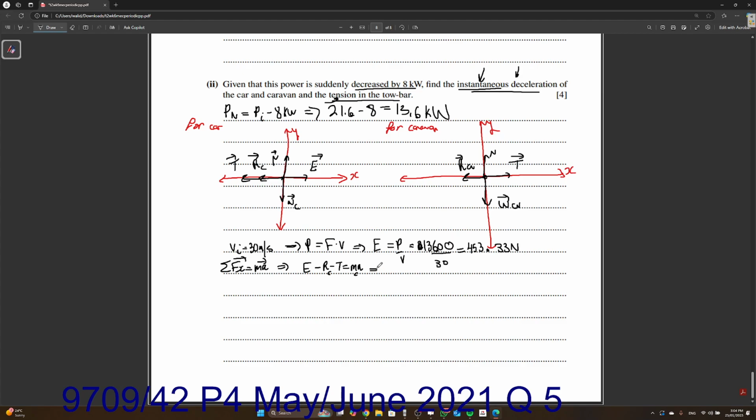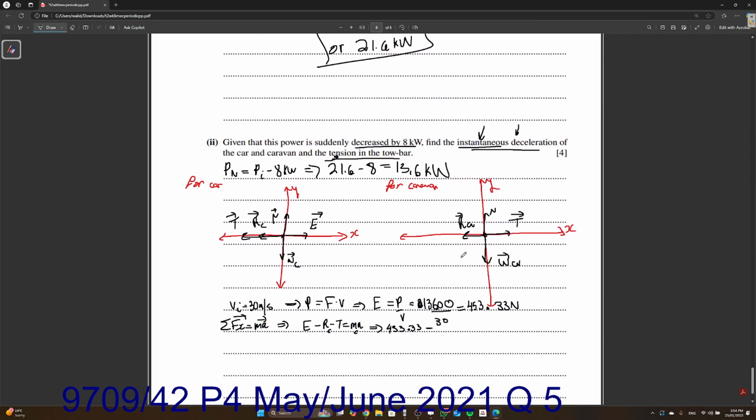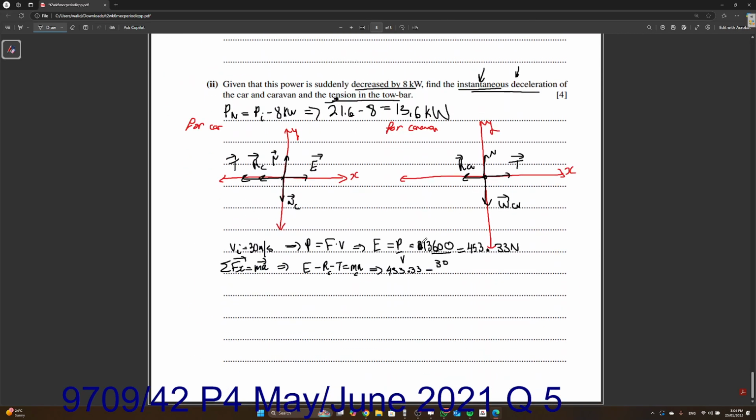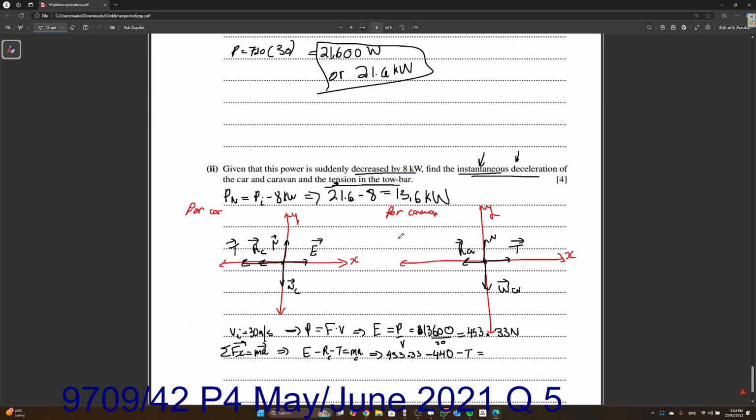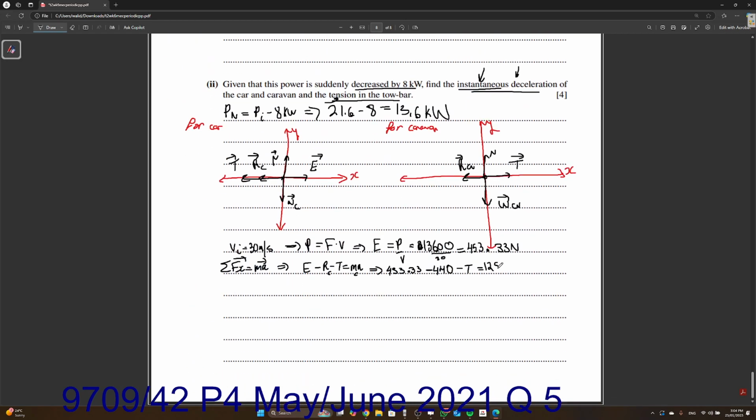So let's substitute 453.33 minus the resistance of the car, which is 440, minus tension is equal to the mass of the car, which is 1250 kilograms, times the acceleration.